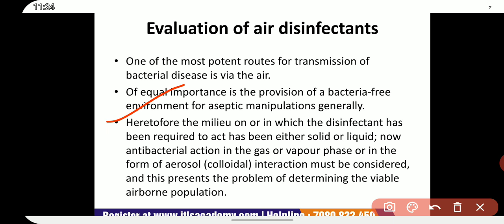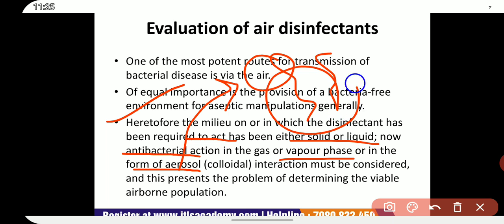Heretofore, the milieu on or in which the disinfectant has been required to act has been either solid or liquid. Now, antibacterial action in the gas or vapor phase, or in the form of aerosol, that is a colloid and is a mixture of gases and solid particles present in the air.